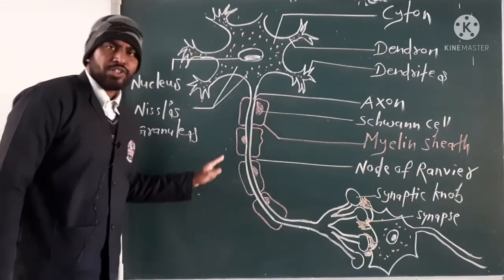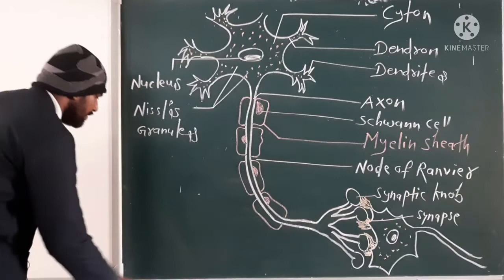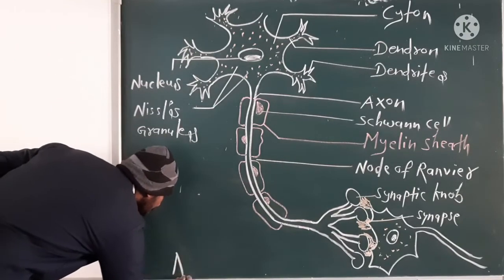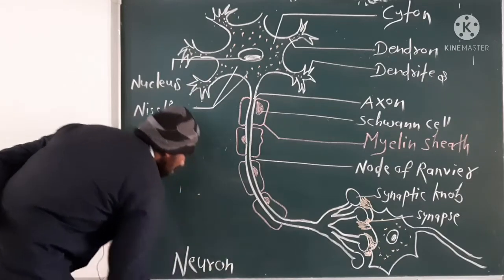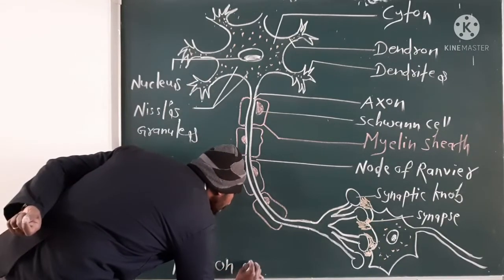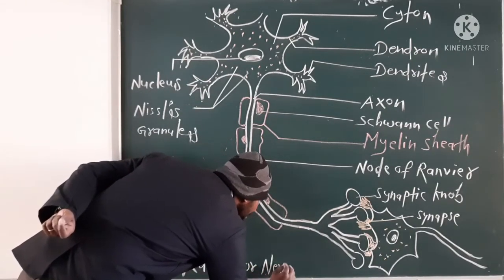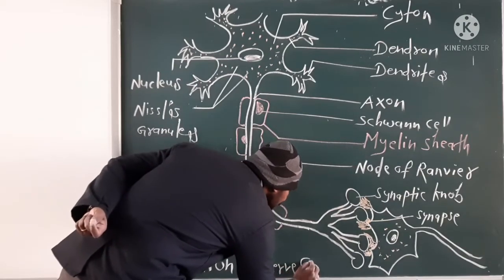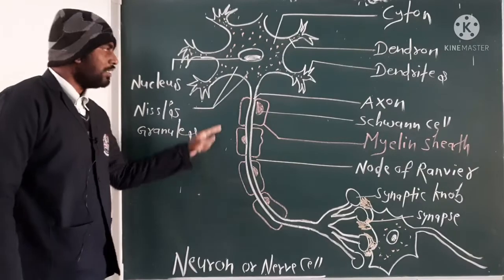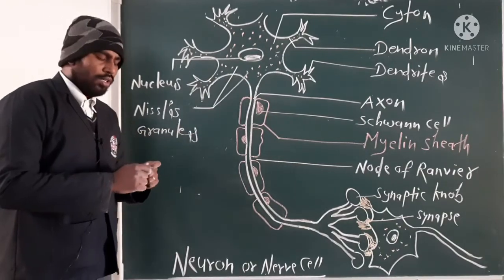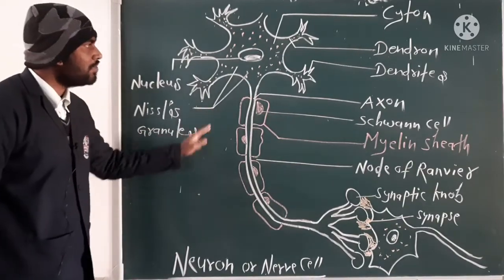So this is the structure of a neuron or nerve cell. Okay, we must write at the bottom, neuron or nerve cell. Okay, you have to draw this structure. You have to be very clear about the concept of this neuron, beta.